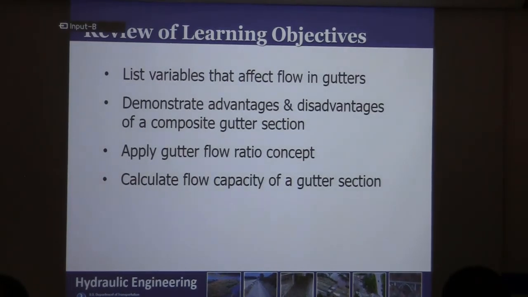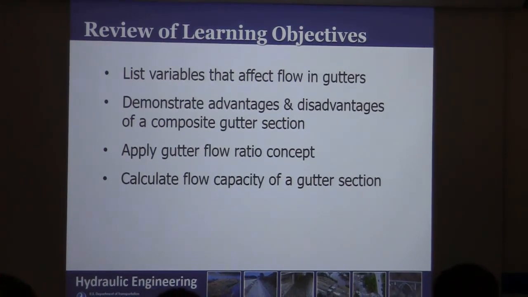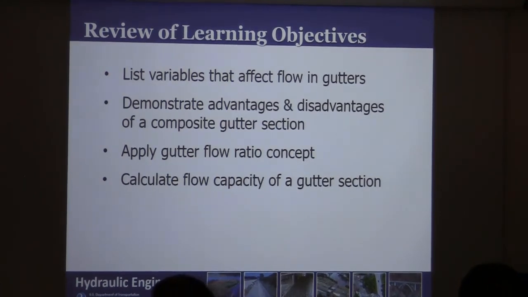List the variables that affect flow in gutters. Can you do that? Cross slope, longitudinal slope. No, that doesn't affect it so much. Gutters, cross slope, how about the flow in the gutter?